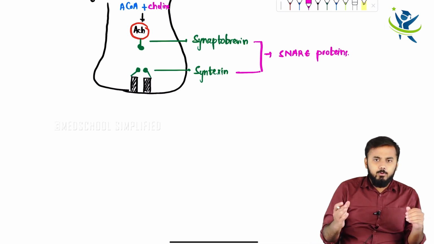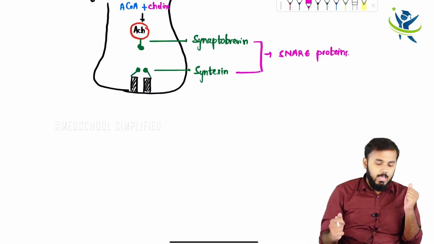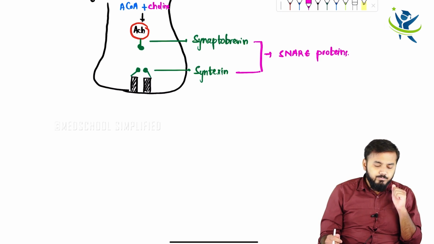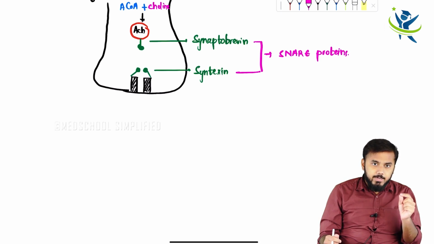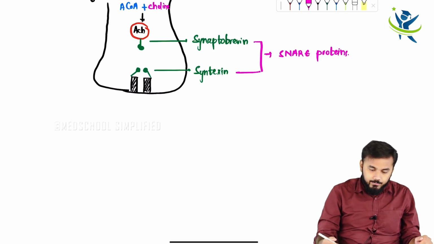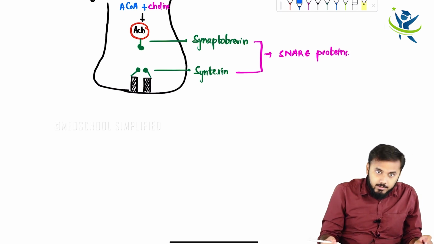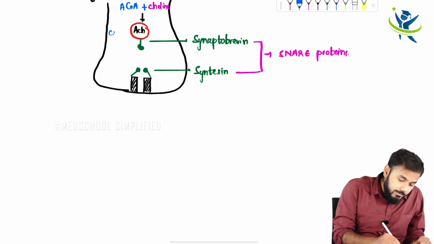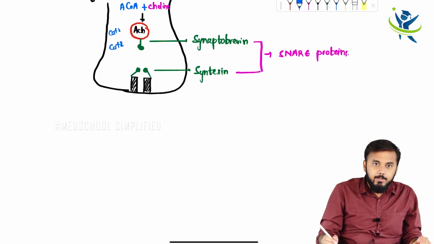I'll tell you how this is going to happen. All of you know that within the presynaptic neuron, within this neuron which I have drawn, there is a heavy amount of calcium, Ca+2, everywhere.